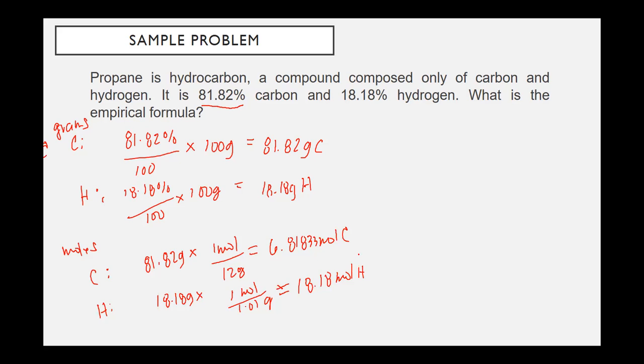So once we get the moles, kailangan natin na makuha yung coefficient by dividing this to the lower value. So dito sa dalawang to, ang mas mababa, of course, is the 6.81833 mole.